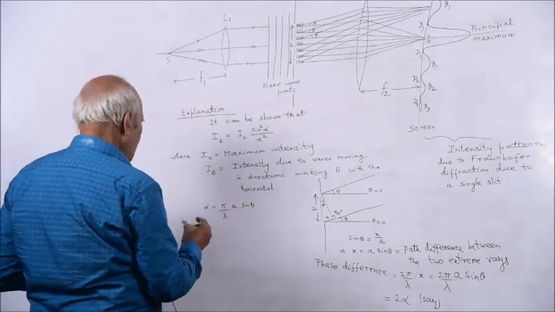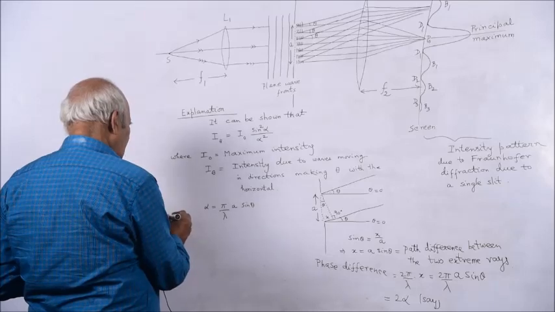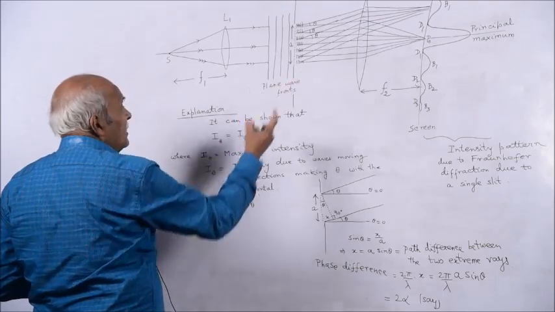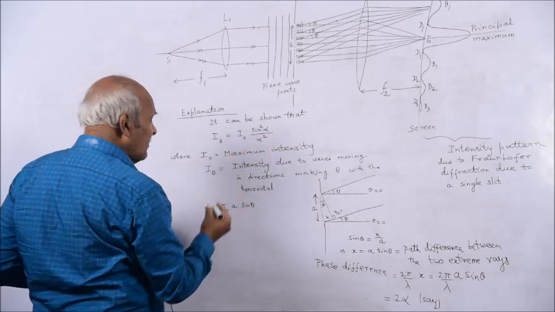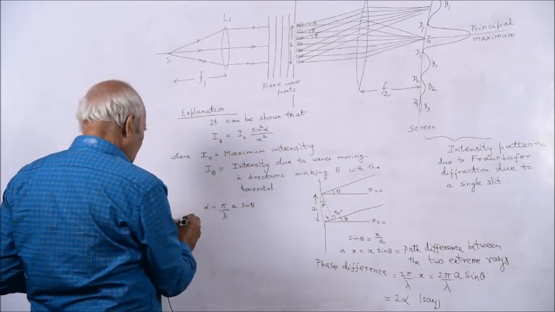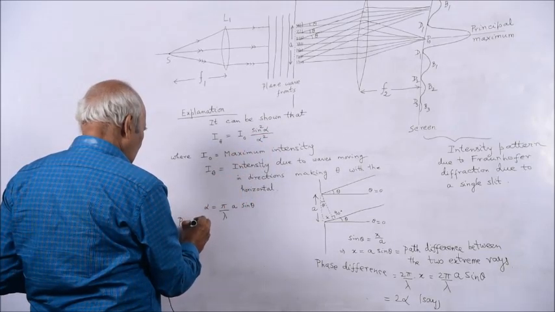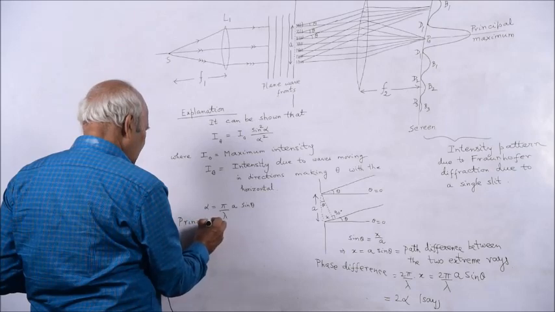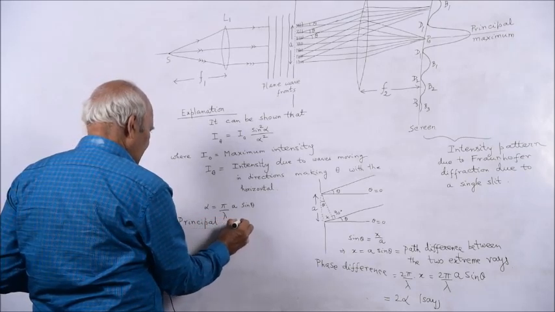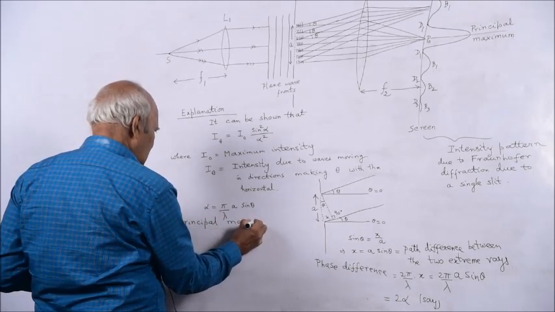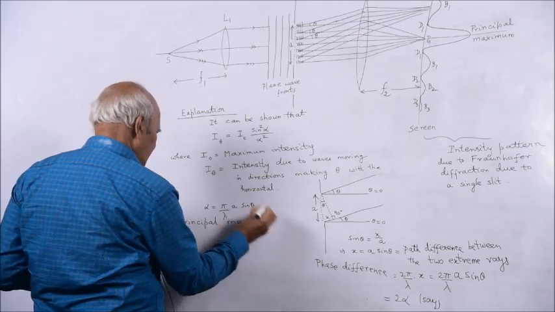Then we come to the first case. We see from the intensity pattern that there is a principal maximum, and there are secondary maxima. So first let us write the principal maximum. There is one maximum.